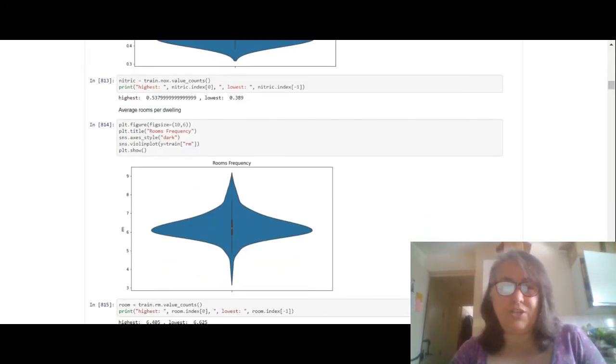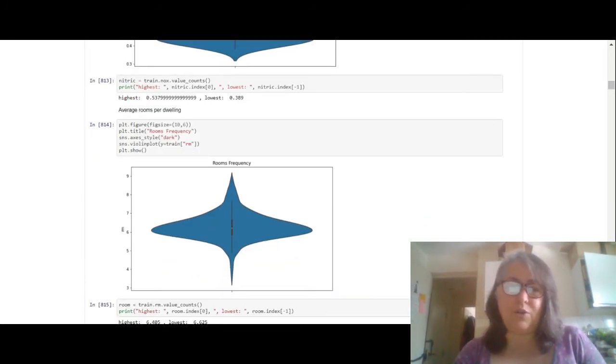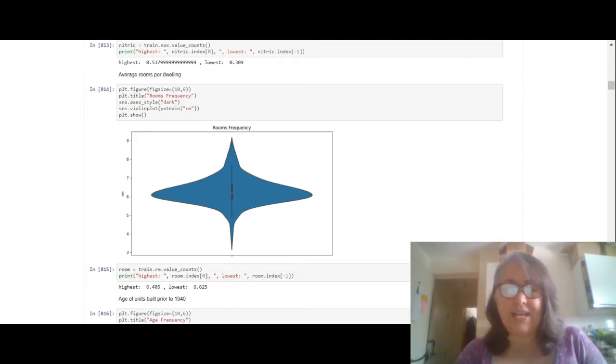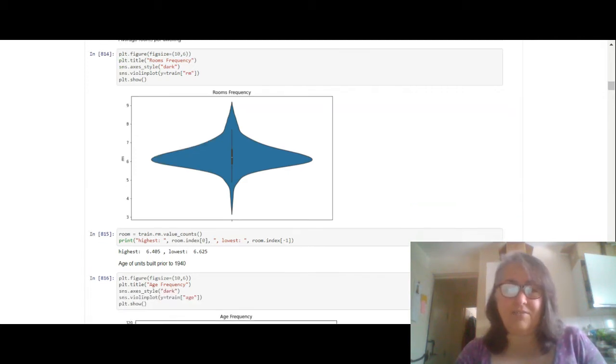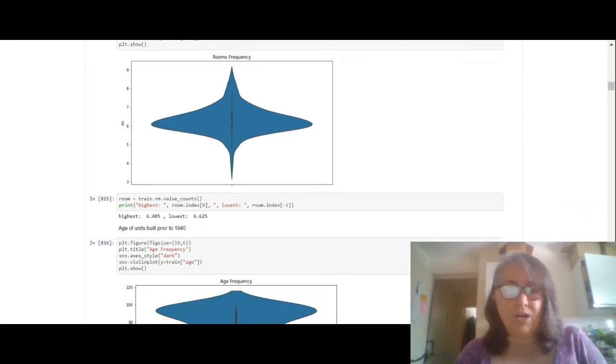So then what we want to do now is look at rooms per dwelling. So here's the violin plot, and you can see that around 6 is the most number of rooms. And so your highest value is going to be 6.405 and your lowest value is going to be 6.625.